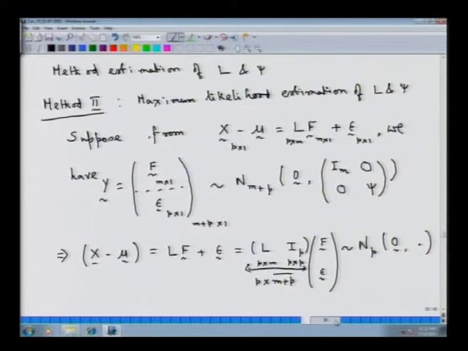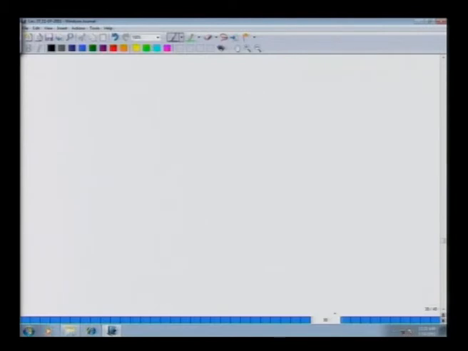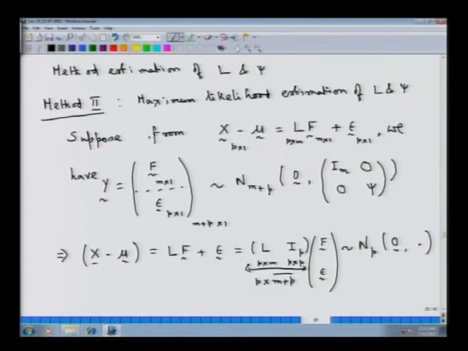Now, this covariance matrix of (L I_p) multiplied by (f, epsilon): this is a matrix of constants, so it is going to be given by (L I_p) multiplied by the covariance matrix of (f, epsilon). Now, the covariance matrix of this is I_m, null, null, psi.